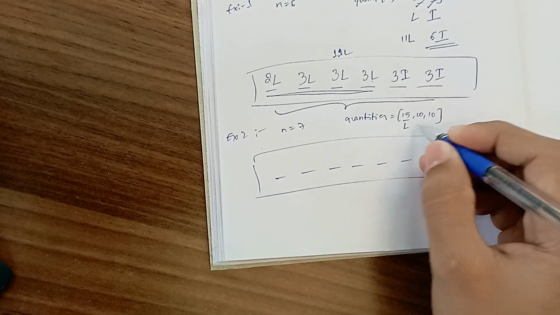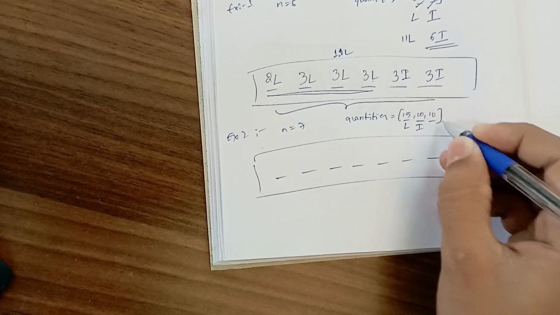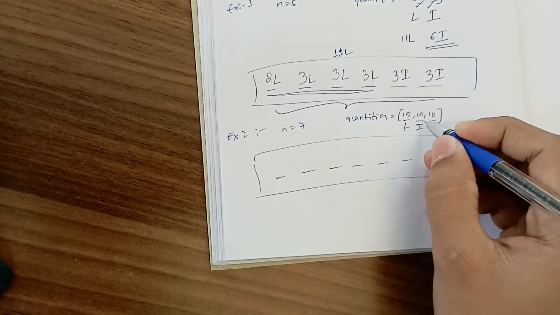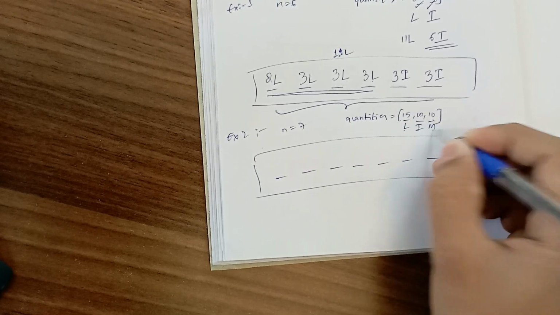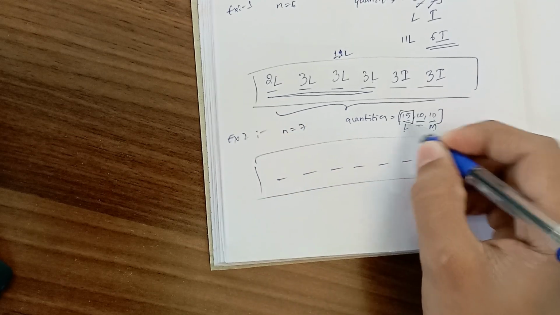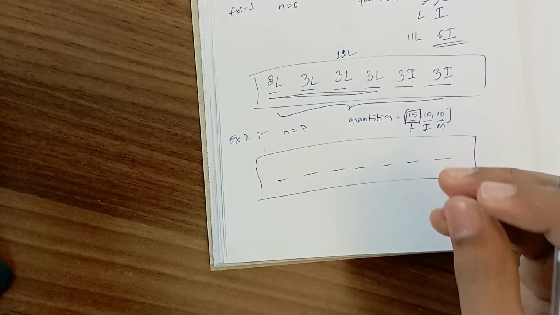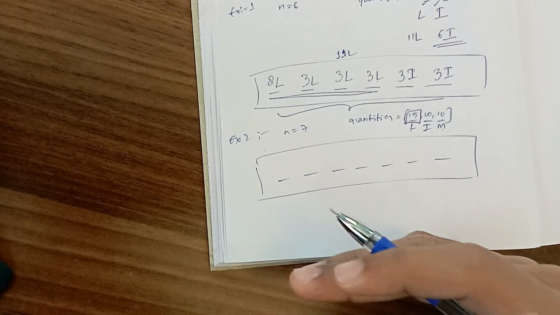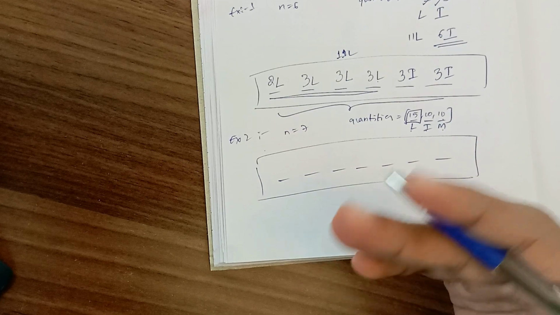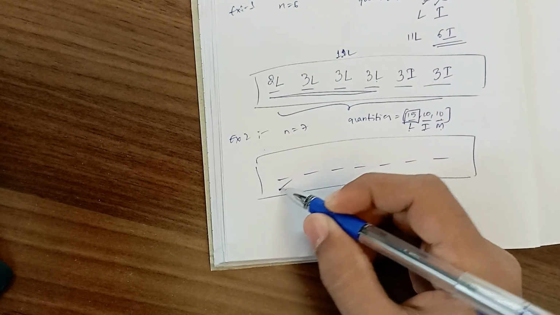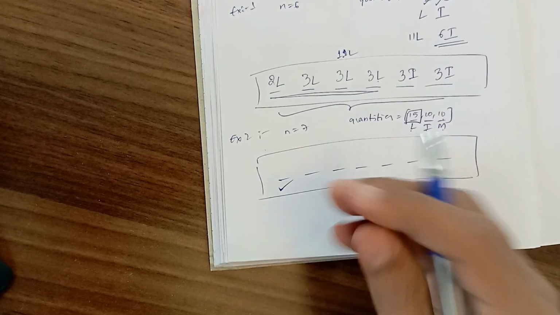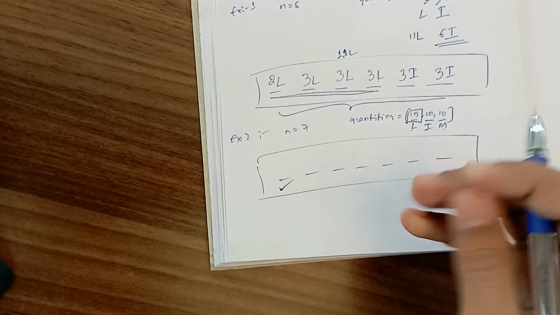Let us think this is laptop, iPhone, mic. We have 15 laptops, 10 iPhones, and 10 mics. We need to divide this in such a way that we minimize the maximum number of products given to a store.